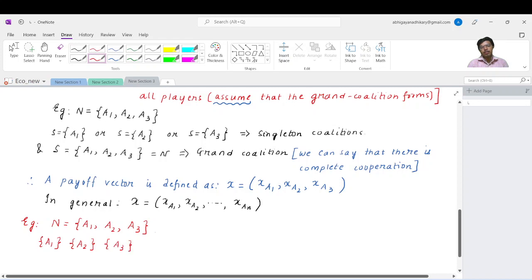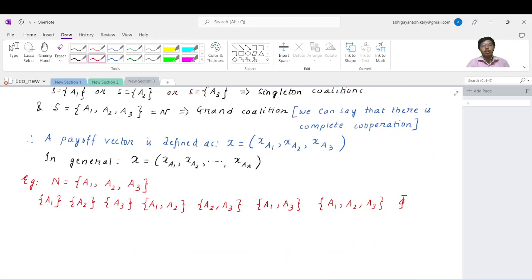I think this is very easy for you to write down. It's just like forming normal subsets that you have done in maths. A1, A2, A2 A3, A1 A3, A1 A2 A3, and for completeness, the empty set.